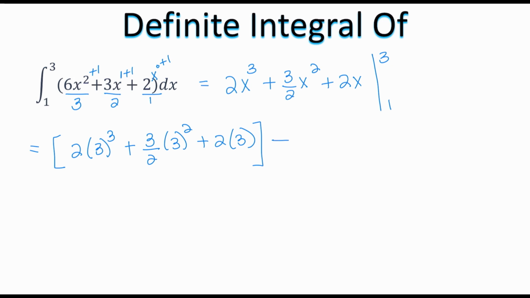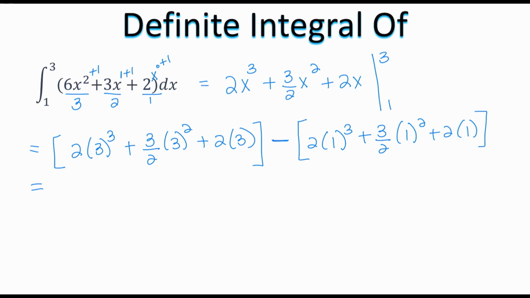Then I'm going to subtract what I get when I substitute the lower bound. So I'm going to replace the x with my lower bound, which is now 1. So I'm going to write 2 times 1 to the third power plus 3 over 2 times 1 squared plus 2 times 1. So in this case, all I have to do now is the actual computation.